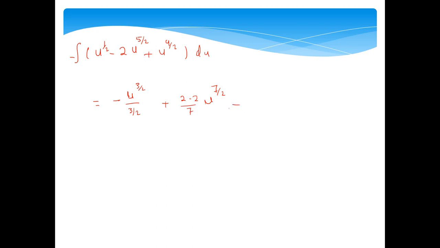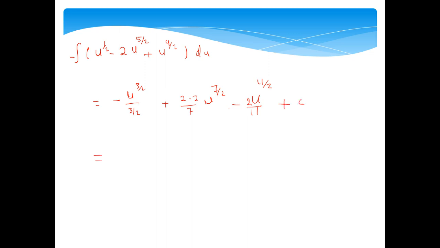So minus u to the power of 11/2 divided by 11 plus c.